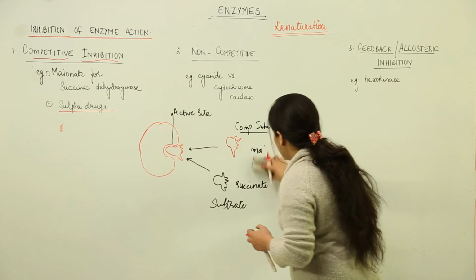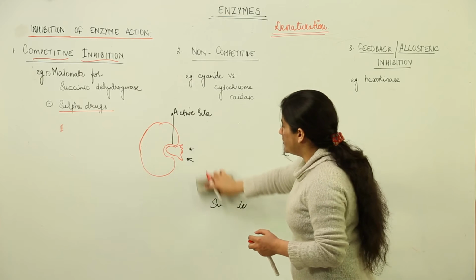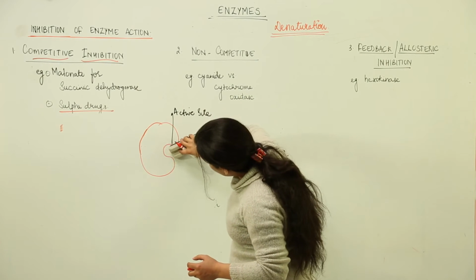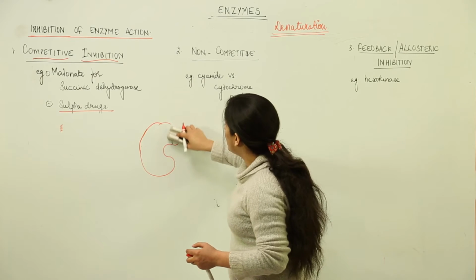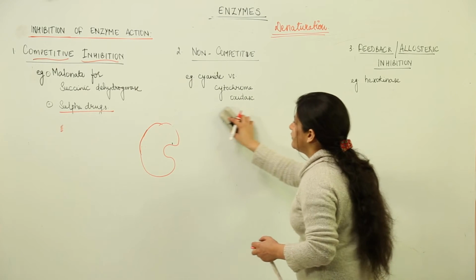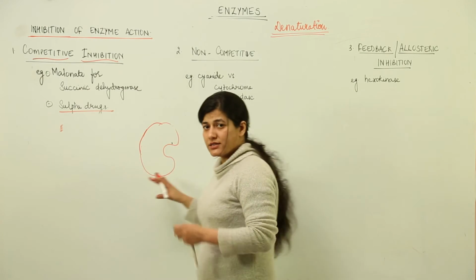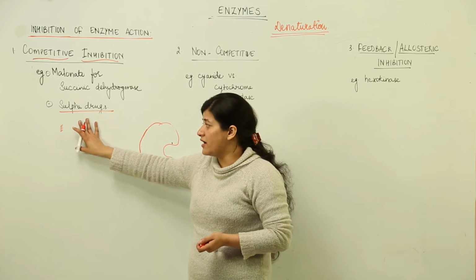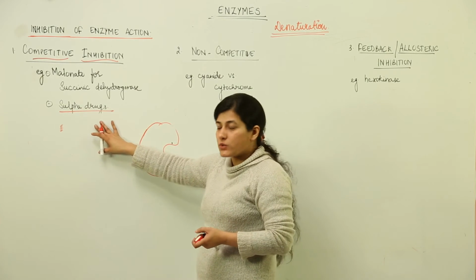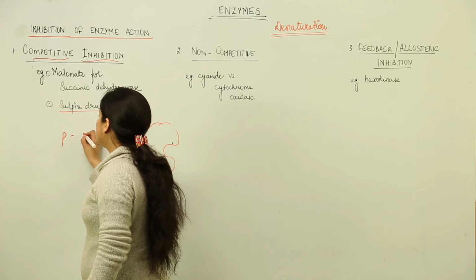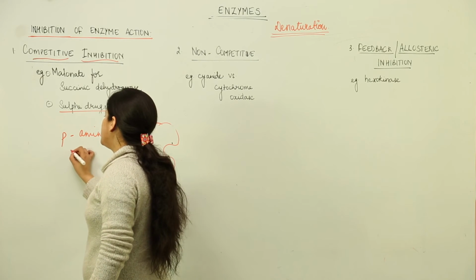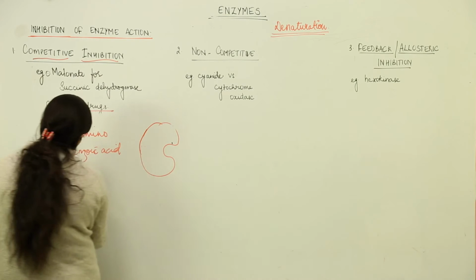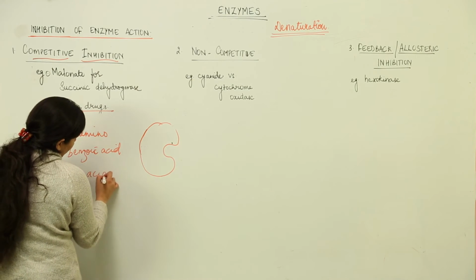Just for your knowledge, remember that the sulfur drugs competitively inhibit folic acid synthesis in the bacterial cells, because they are similar in structure to p-aminobenzoic acid, which is important for folic acid synthesis in bacteria.